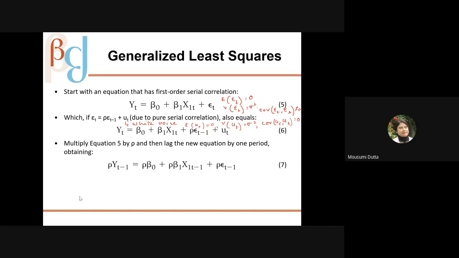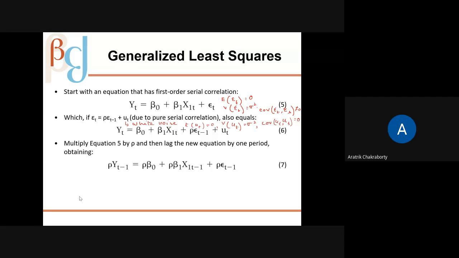Yes, ma'am. Please tell me, what is the speciality of the error in the new equation? What is the nature of ut? When you are subtracting and getting only ut, is ut autocorrelated or not autocorrelated?